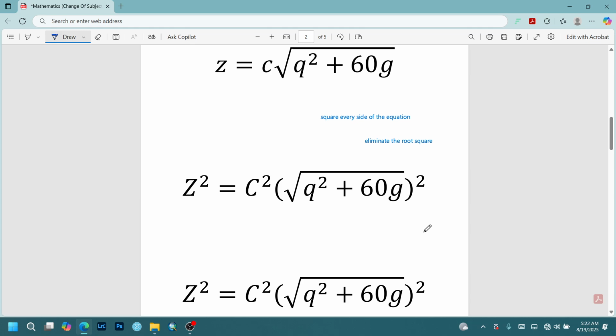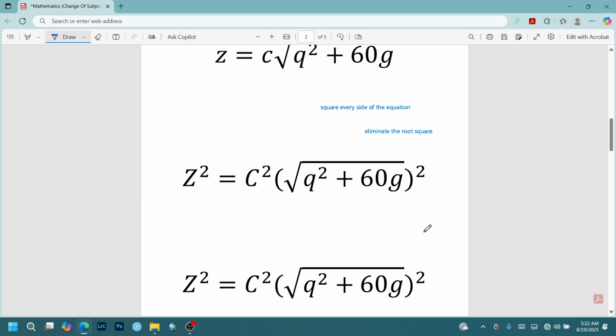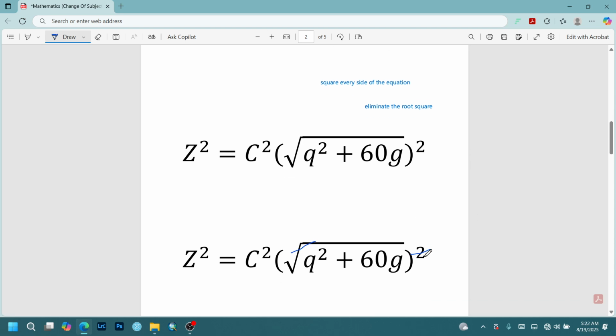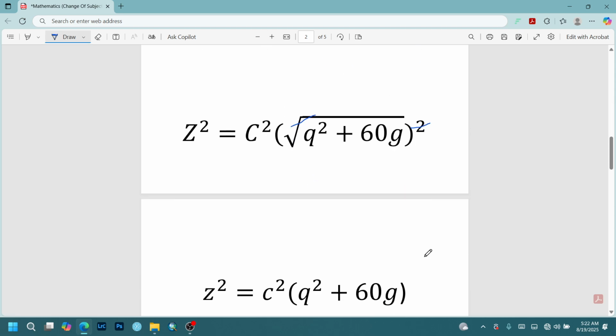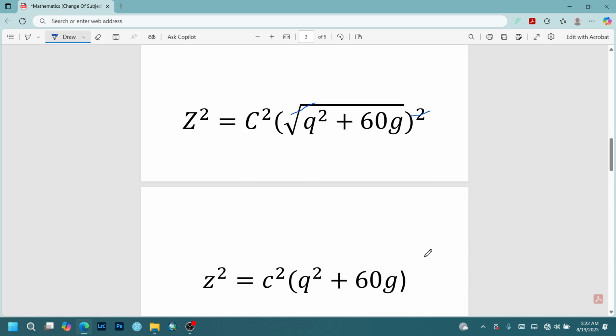So in eliminating the root square, this square would cancel the root square out, leaving our equation to be z square equals c square multiplying k square plus 60j, right?